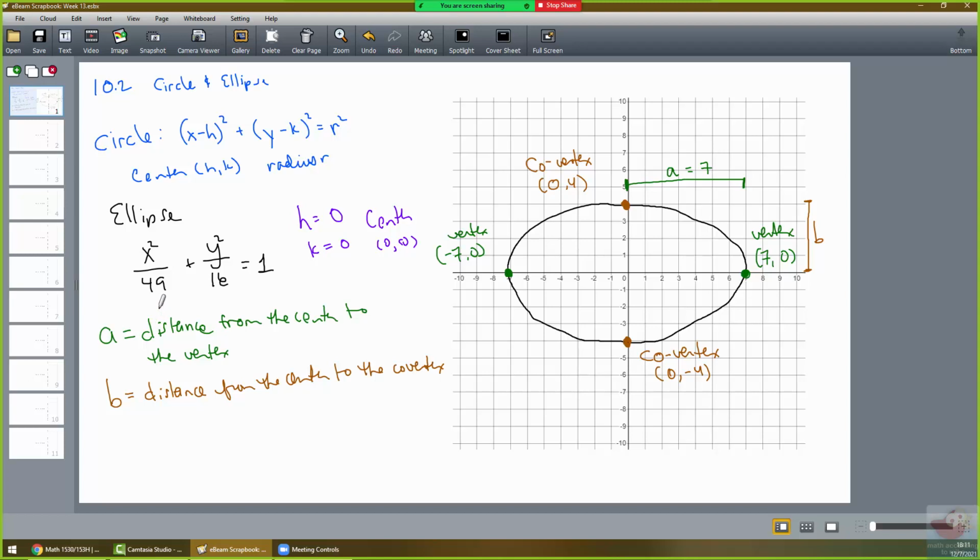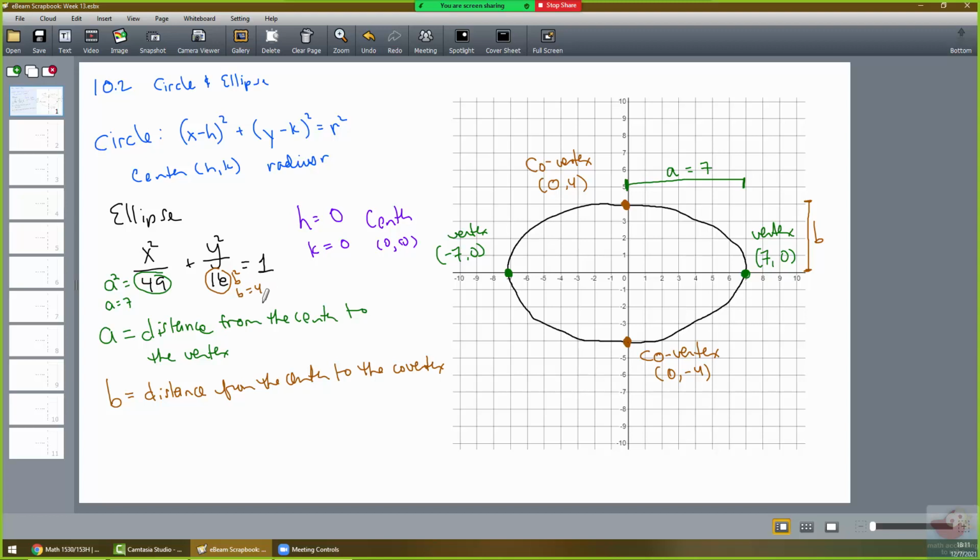You would take the square root of 49. That's correct. This here is actually a squared, which means a is 7. And likewise, this right here is b squared, which means b is 4.